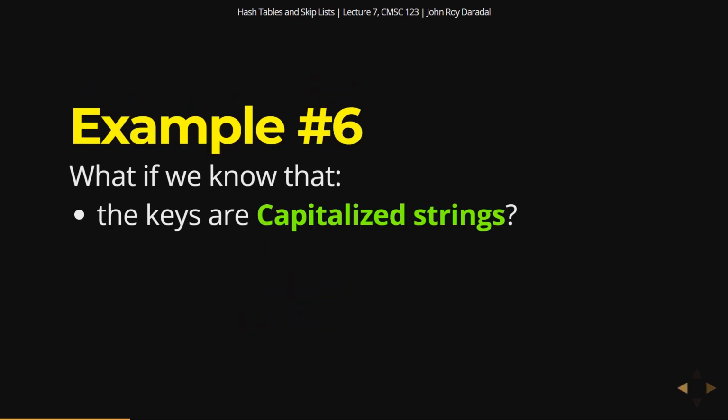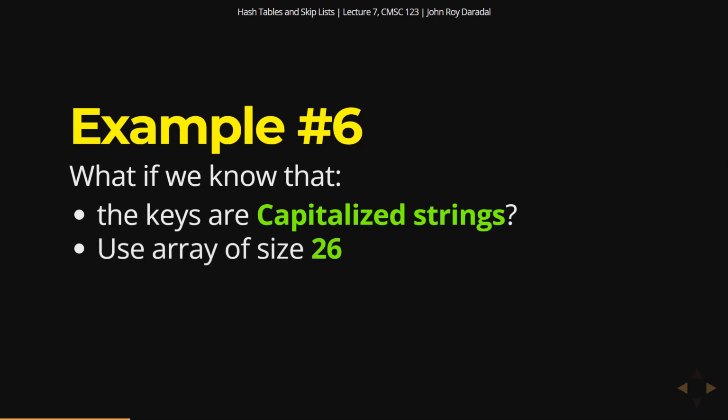Now, what if it's not a single letter anymore? What if the keys are strings, and let's say that they are capitalized? Capitalized means that the first letter is in uppercase and then the rest are in lowercase. So what if we know that the keys are capitalized strings?